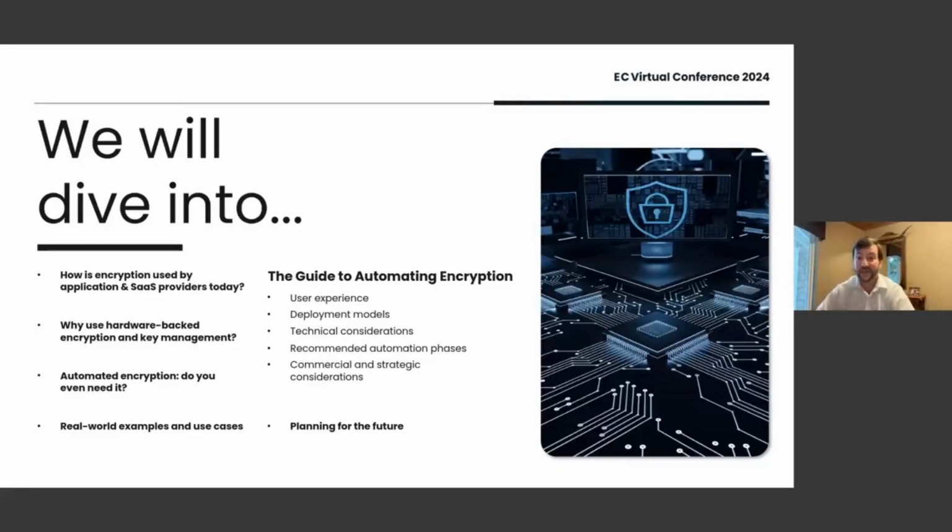And to be quite honest, we're going to ask the question and give you the tools you need to answer the question, do you even need it? I'll go ahead and give you a spoiler alert up front. Not everybody needs 100% fully mature, completely automated encryption. There's a spectrum that we'll be talking about here, and every organization falls in a little bit of a different place. So part of what we're going to do today is equip you and your teams to make these decisions about what's best for you today, tomorrow, and beyond.